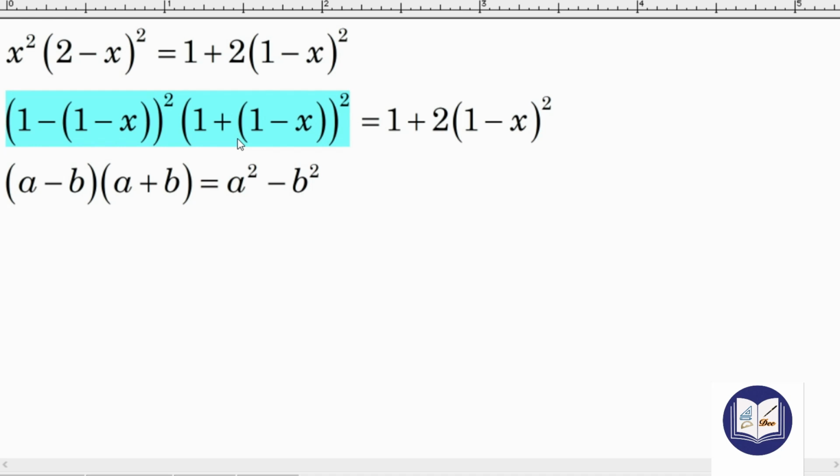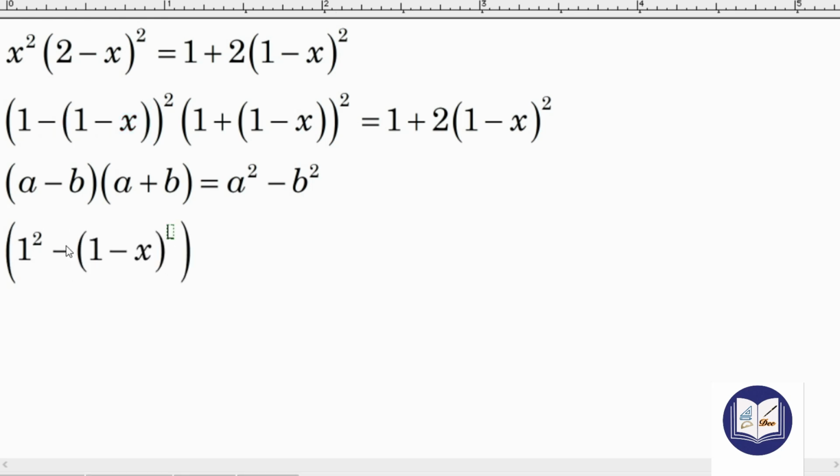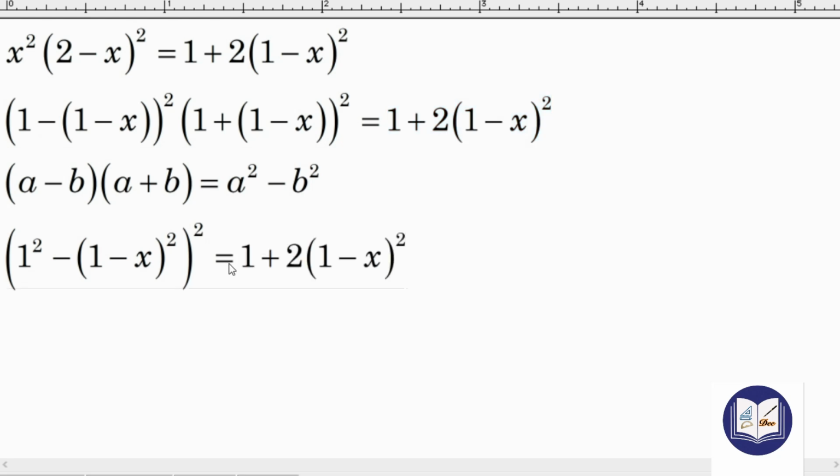So what we will get is 1 squared minus b squared, which is (1 minus x) squared. We also put the same square here because we have the same exponent, and the right hand side of the equation is still the same.